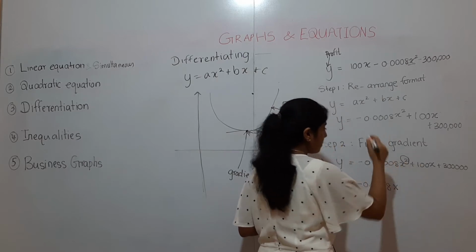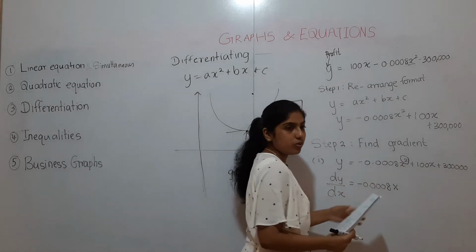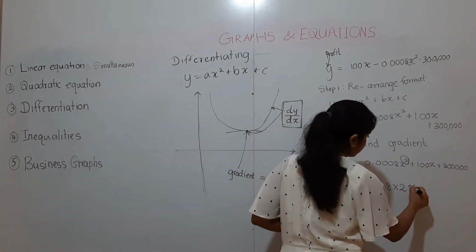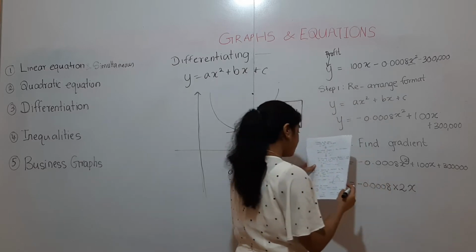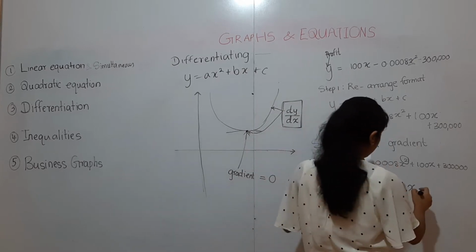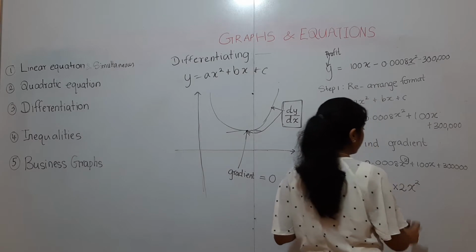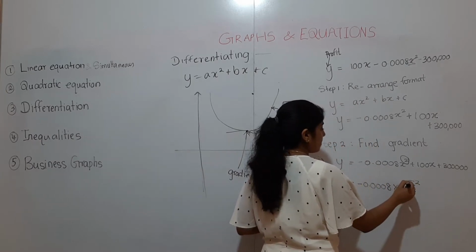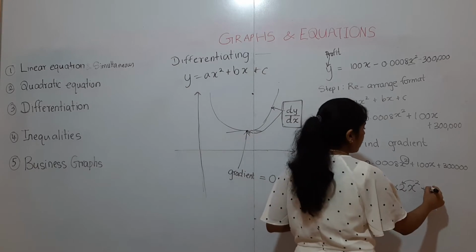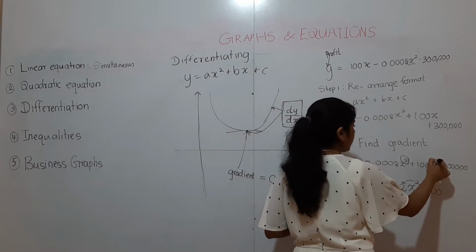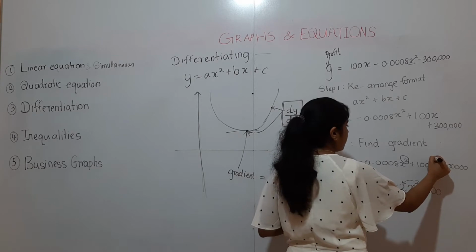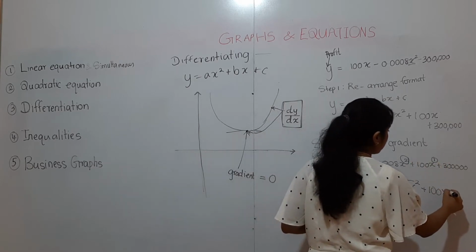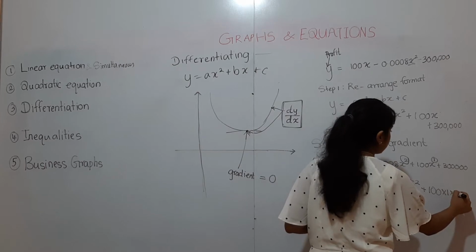The power here is 2, so multiply that by 2 and x to the power 2. Nothing is going to change here, it will say this, just that this 2 came here. Plus 100. What is the power here? It is 1. If nothing is there, it is 1. So 100 multiplied by 1 into x.